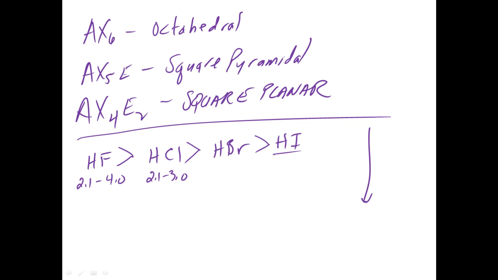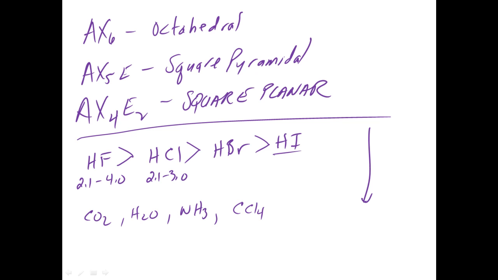You could also look at it in terms of dipole moments if you were comparing carbon dioxide with H2O, with ammonia, and let me think of another one here, carbon tetrachloride, something like that.